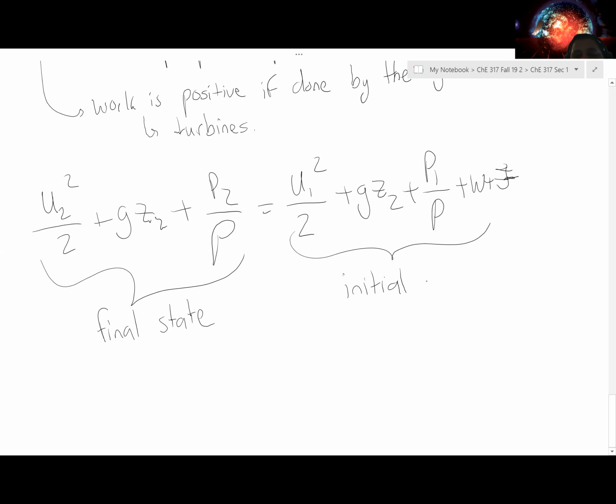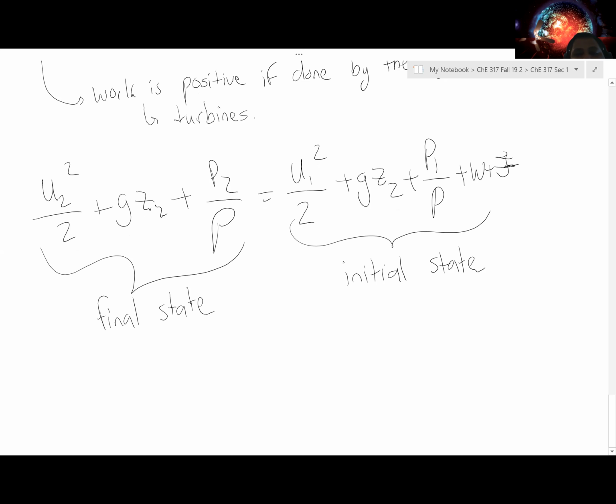I see a chat. I'll look at it here when I finish this explanation. So if I'm looking at a system and I'm going from my initial state to my final state, friction in this case is going to be positive. Work in this case on this side of the expression is going to be positive.